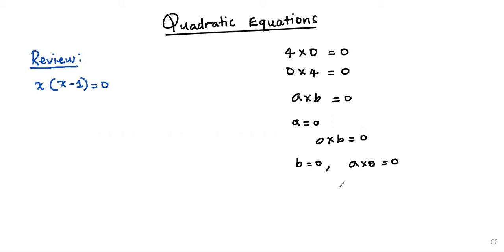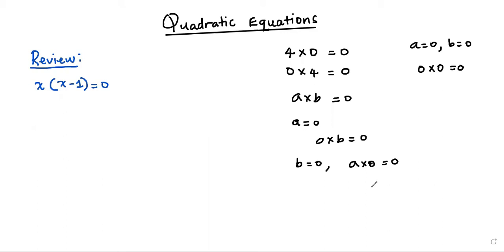Or maybe both of them can be zeros. It can be that maybe A is 0 and B is 0, so that if I get 0 times 0, I will get 0.